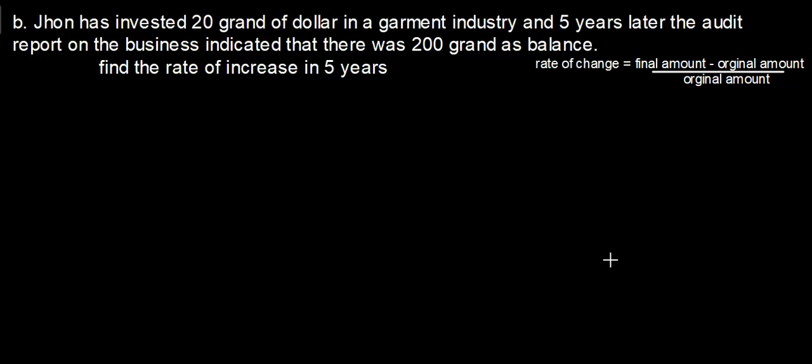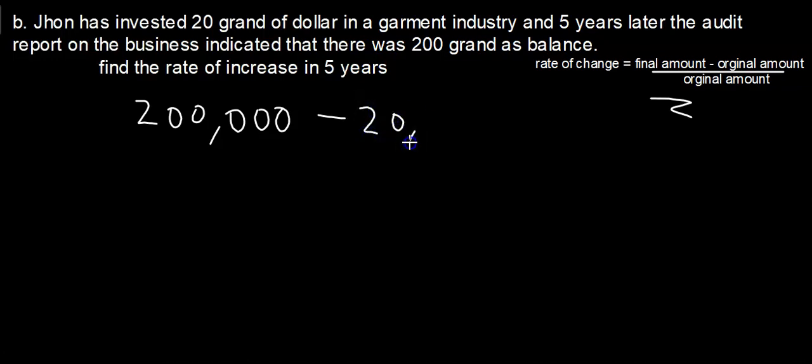My formula is the rate of change, which is the final amount minus the original amount, all over the original amount. My final amount is 200,000, minus the original amount, which is 20 grand, so 20,000.